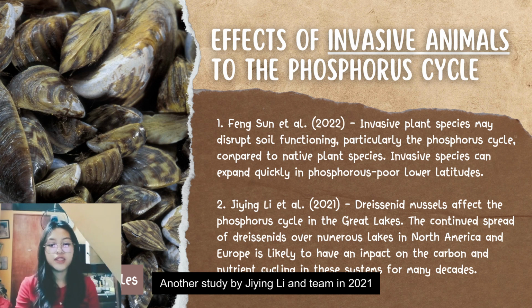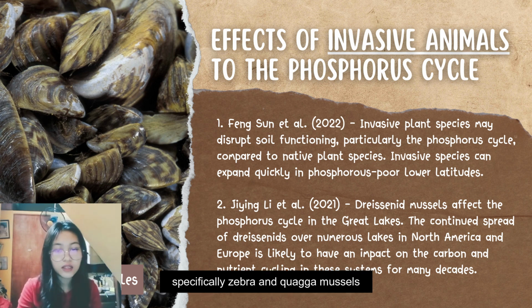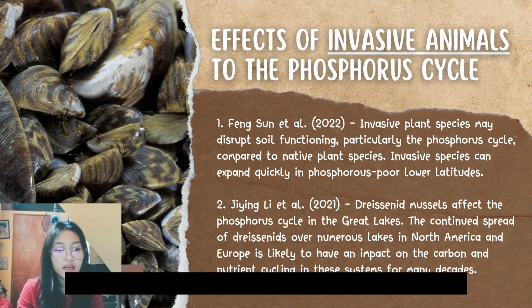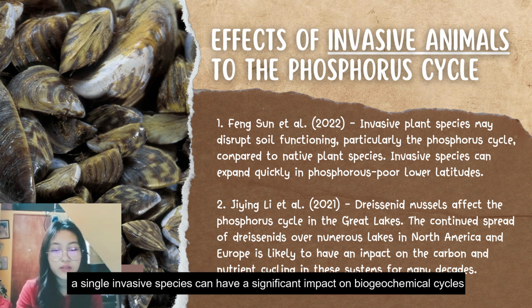Another study by Jiang Li and team in 2021 studied how destined mussels, significantly fibra and guaga mussels, affect the phosphorus cycle in the Great Lakes. Their findings demonstrate that even in the largest aquatic ecosystem in the world, a single invasive species can have a significant impact on the biogeochemical cycle.